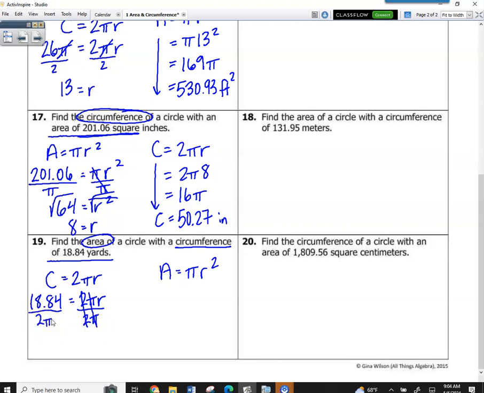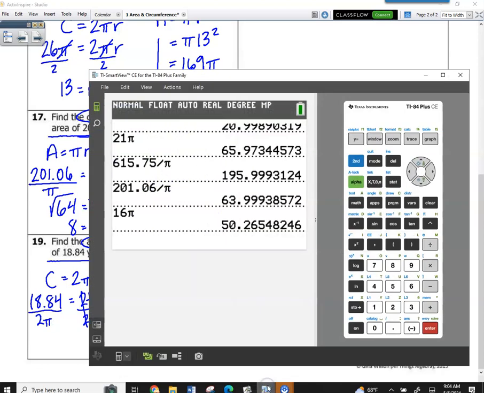Here's the problem. If you go to your calculator and you write 18.84 divided by 2 pi like this, written out in a linear fashion, it's going to give you this answer. Don't write that down because that's actually wrong.